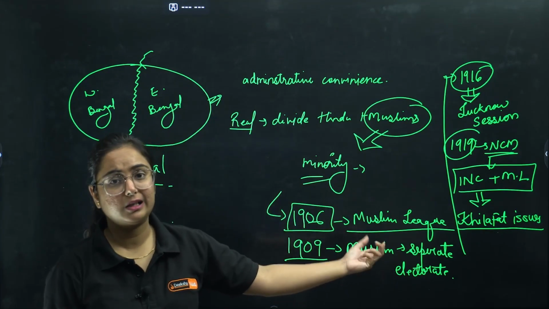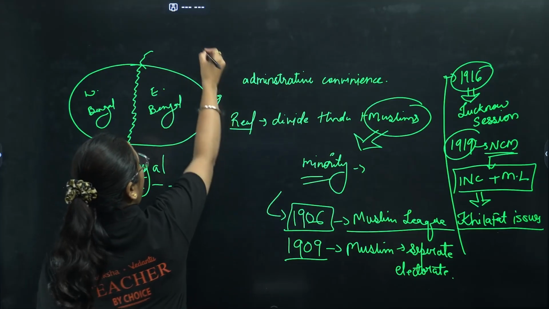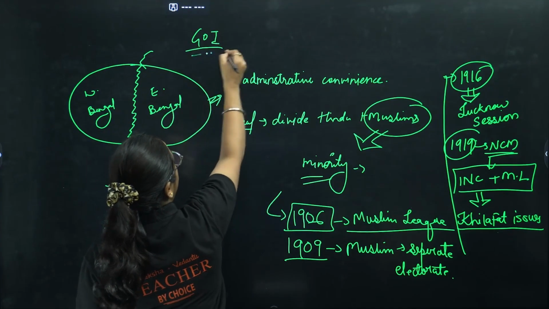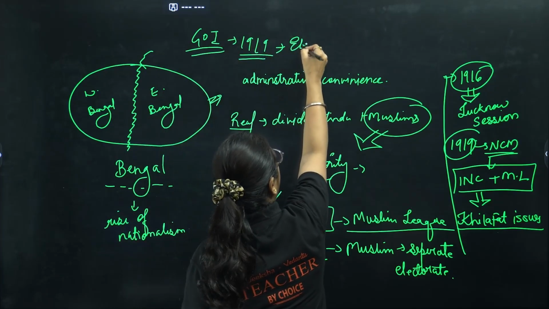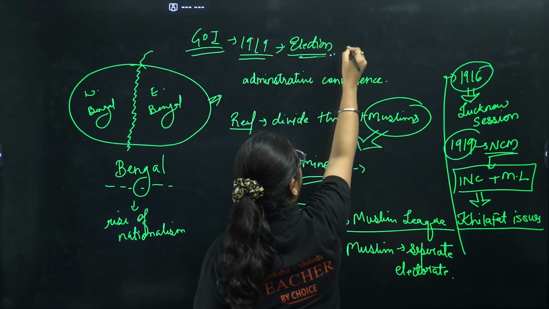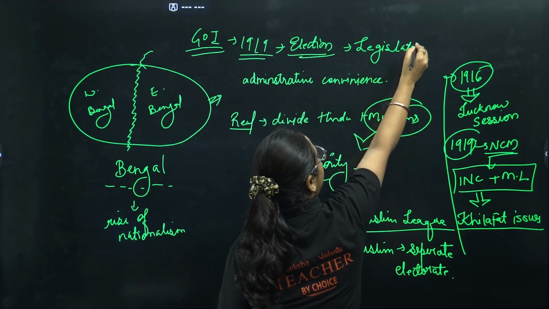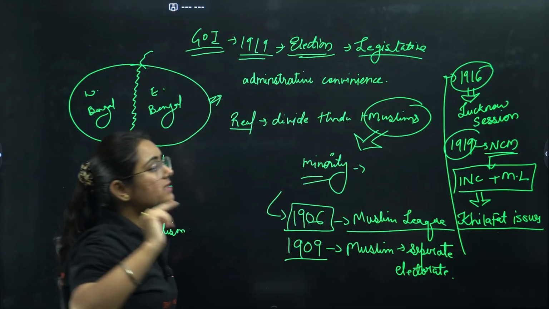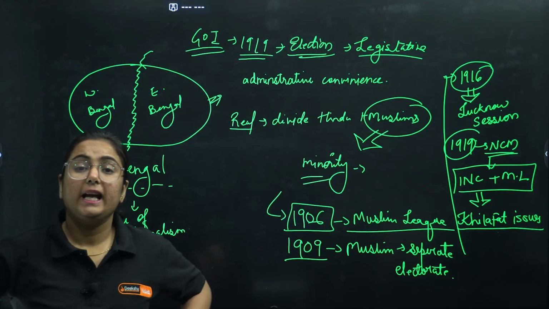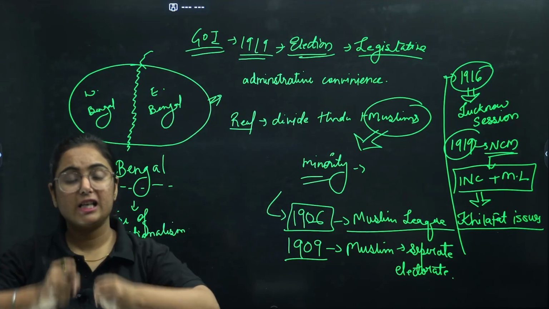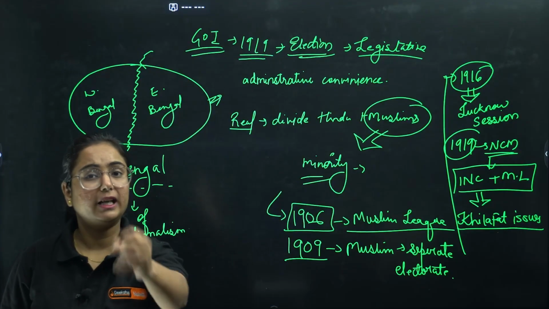This also disheartened them, and more important, by the Government of India Act 1919, there will be elections in legislative assemblies in which Indians can participate, and in those elections Muslims felt that in the vast majority nation of Hindus, it is very difficult for us to get votes.